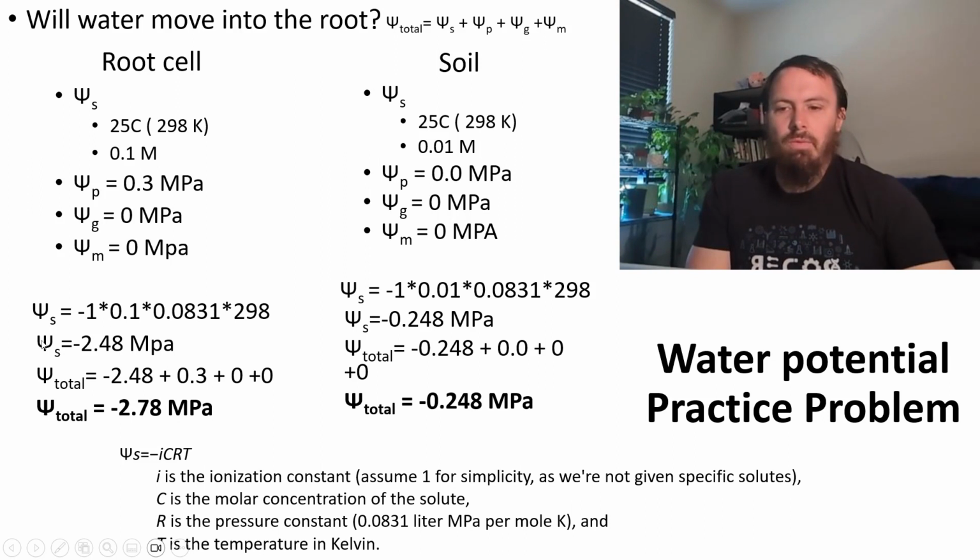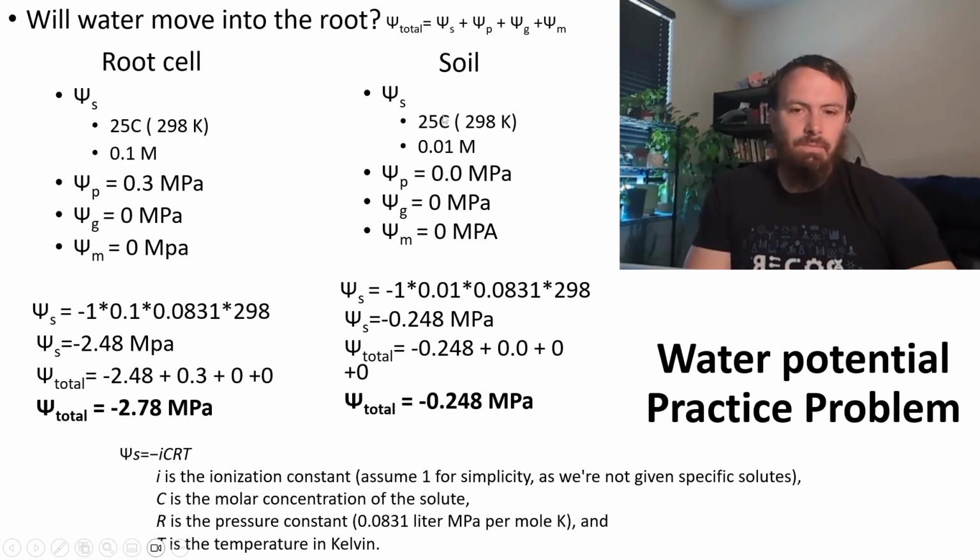So solute potential, negative 1, because we're going to assume an ionization constant of 1 since it didn't tell us otherwise. It has a molarity of 0.1 here. R, the constant, you can see the equation down here. R is the pressure constant, 0.0831, times the temperature in Kelvin, 298. That gives us a solute potential of negative 2.48.